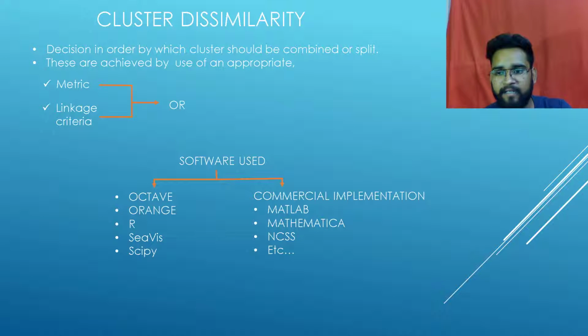Insurance: identifying groups of motor insurance policy holders with a high average insurance claim cost. City planning: identifying groups of houses according to house type, value and geographical location. Earthquake studies: observed earthquake epicenters should be clustered along continental faults.